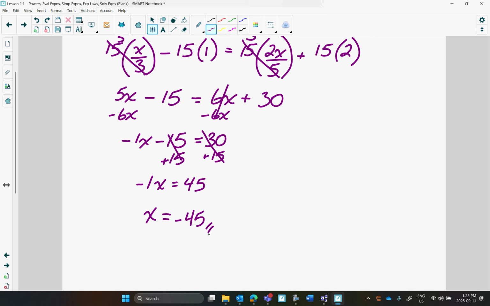Why did we change it? Because remember, we're solving for x. Here we have solved for negative x. We're not done, right? X has got to be by itself and positive. Okay.